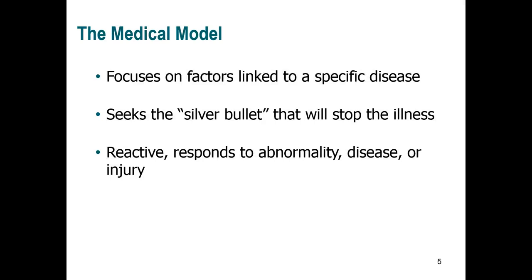Okay, versus the medical model. Again, we're talking about obesity. The medical model would be you are say 45 or 55, you have a body mass index or a BMI of say 40 or 45, which is morbidly obese, and all the negative health effects that come along with that. So you go to your doctor, and the medical model would be, well, what is the specific link that a person has that is linking them to all the negative health effects that they have, and why they're going to the doctor all the time.